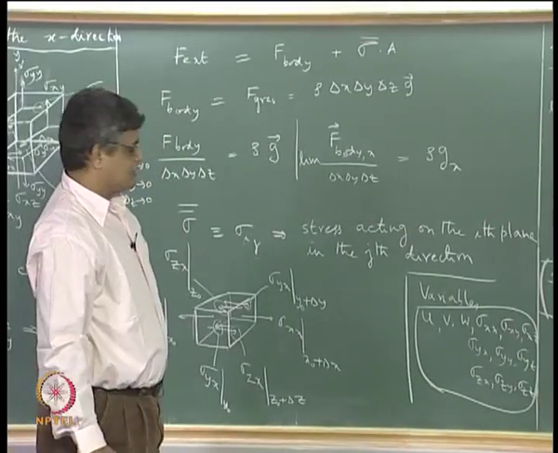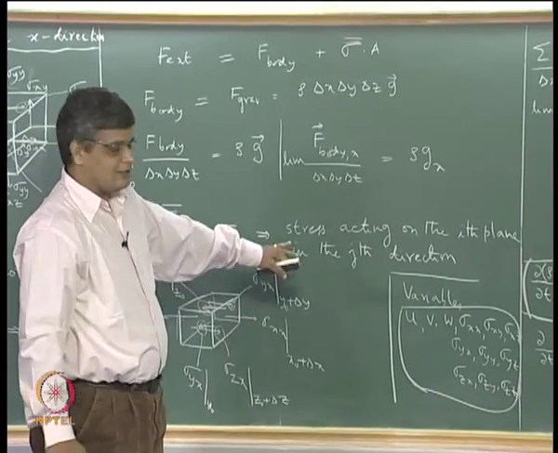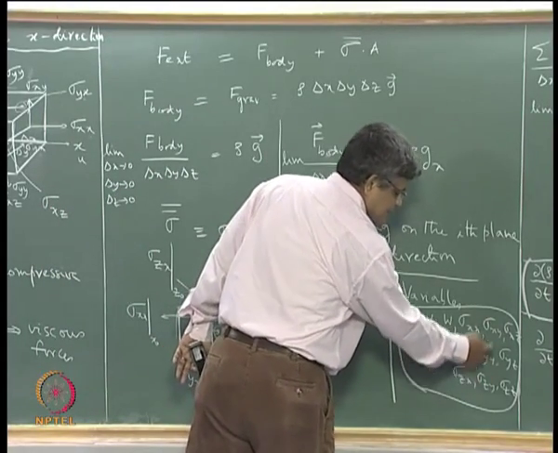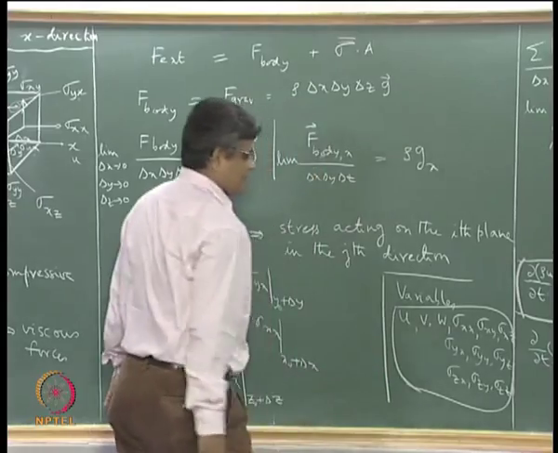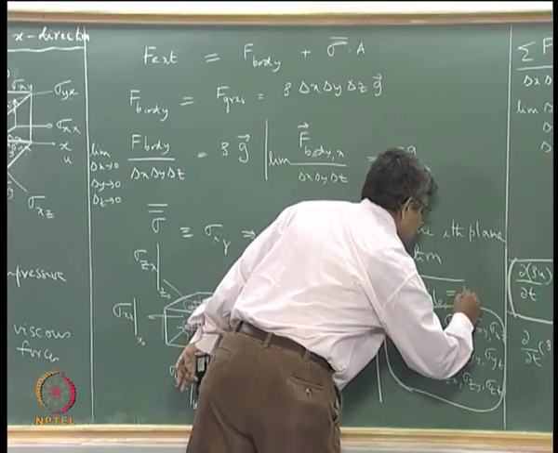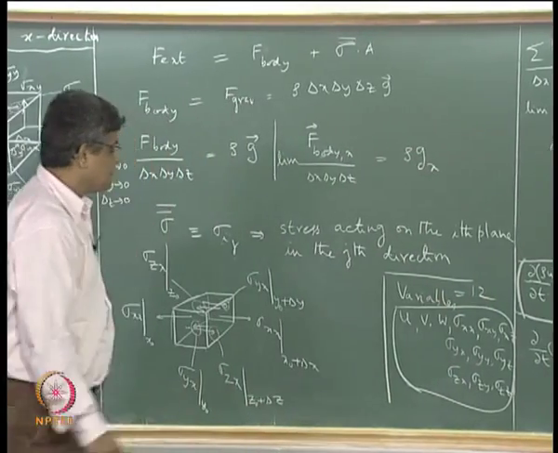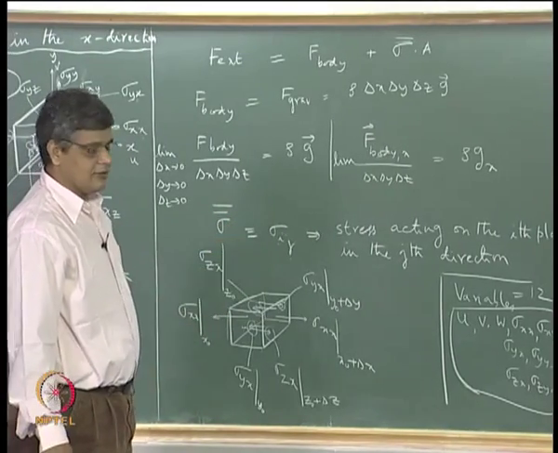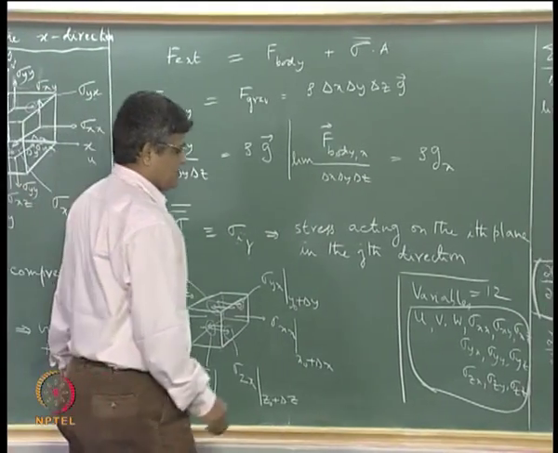So the variables appearing in these four equations are 9 stresses plus 3, that is 12, and for these 12 variables we have only 4 equations.